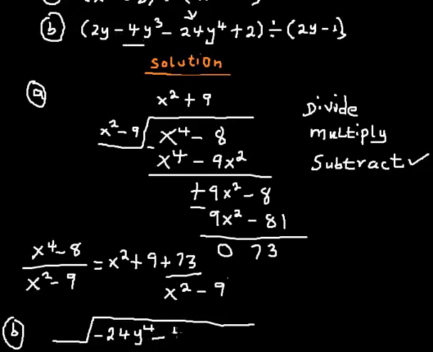Then I have minus 4y raised to the power 3, then plus 2y, then plus 2. So the divisor here is 2y minus 1.